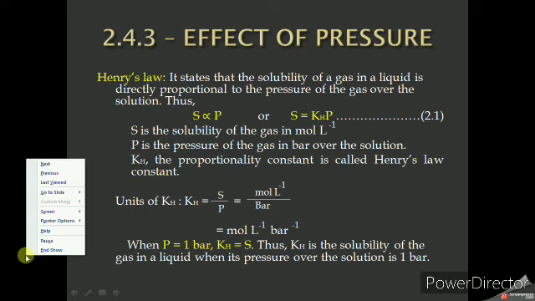Now if we substitute pressure equal to 1 bar, then KH is equal to S. Thus, KH is the solubility of gas in a liquid when its pressure over the solution is 1 bar.